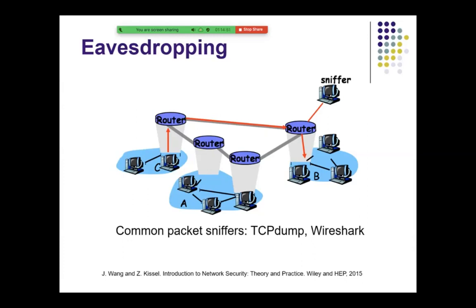Any data that you put in the network will have to go through other routers, so on the path of your data from the source to the destination, any router can see your packets, your IP packets.